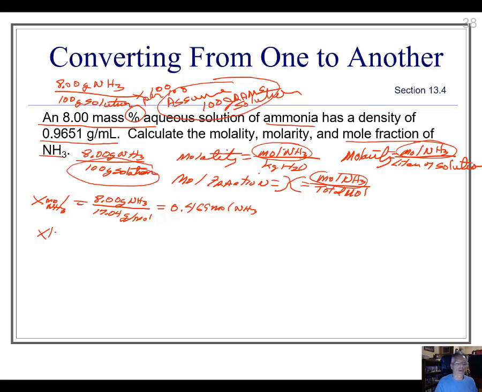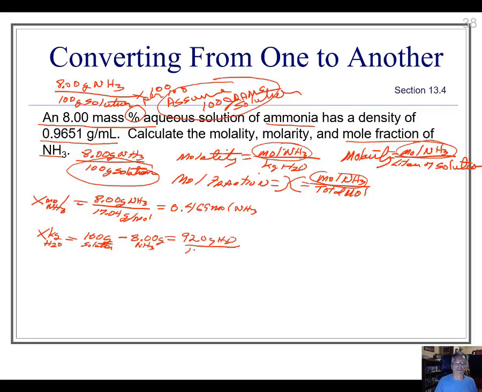What we want is kilograms of our solvent, which is H2O. That's going to help skip molality. And the way we do that is, well, we got 100 grams of solution. And if I subtract the 8 grams of my NH3, which is my solute, that's going to leave me with 92 grams of H2O.